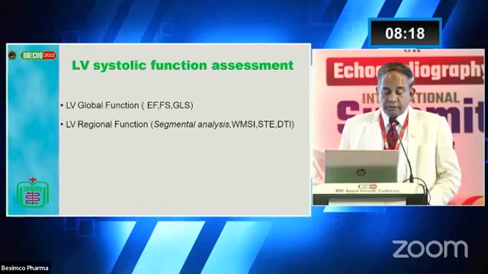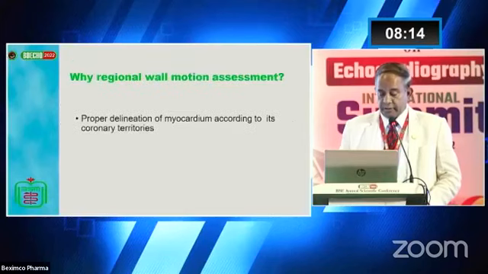We see LV global function as well as wall motion abnormality. Why regional? Coronary territories: if we identify which part of the myocardium is involved, then we can do the necessary intervention accordingly.